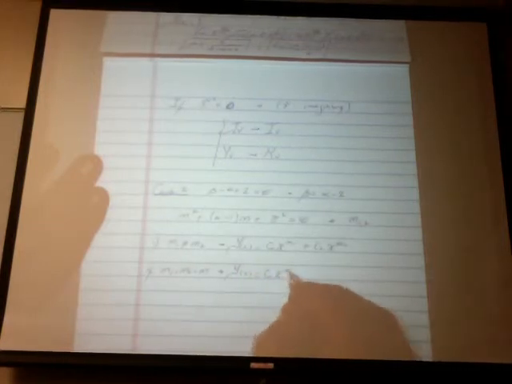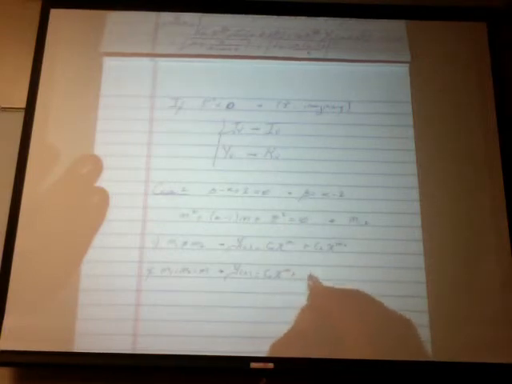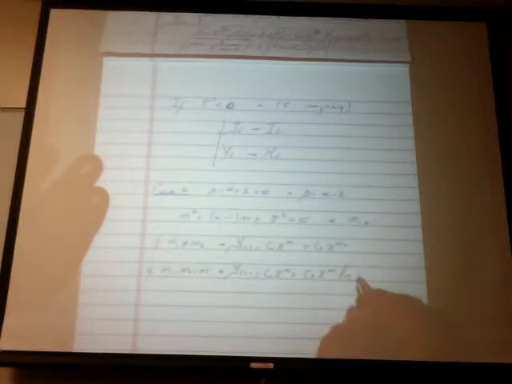If m1 is equal to m2, which is equal to m, then the solution y of x is equal to c1 x to the m plus c2 x to the m log of x.